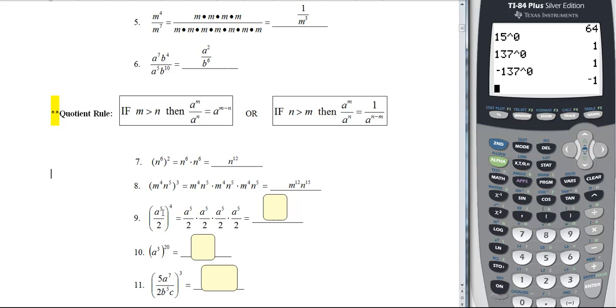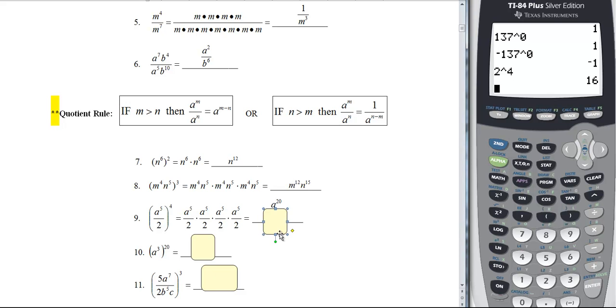This one, well, this tells me to write out what's in parentheses 4 times. So in the numerator, I have a to the, 20th? The denominator, I would have 2 to the 4th, but if you have a numerical base and it's not humongous, they want you to go ahead and find out what that is.